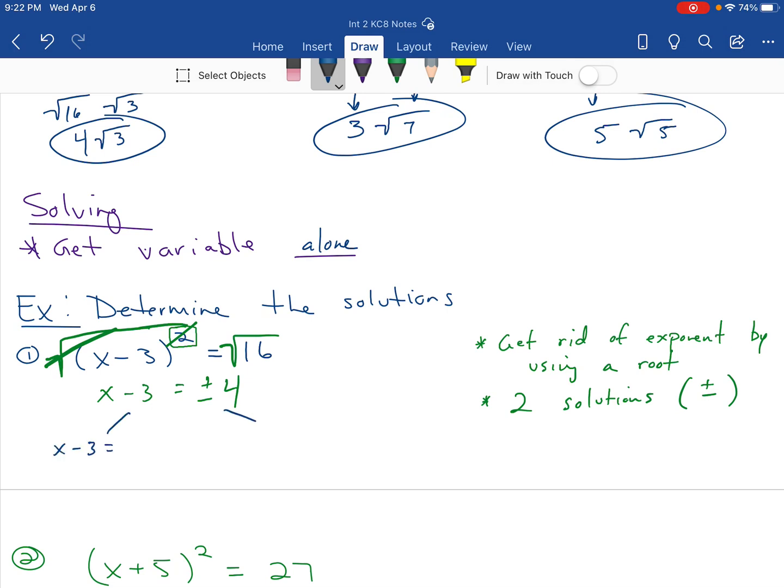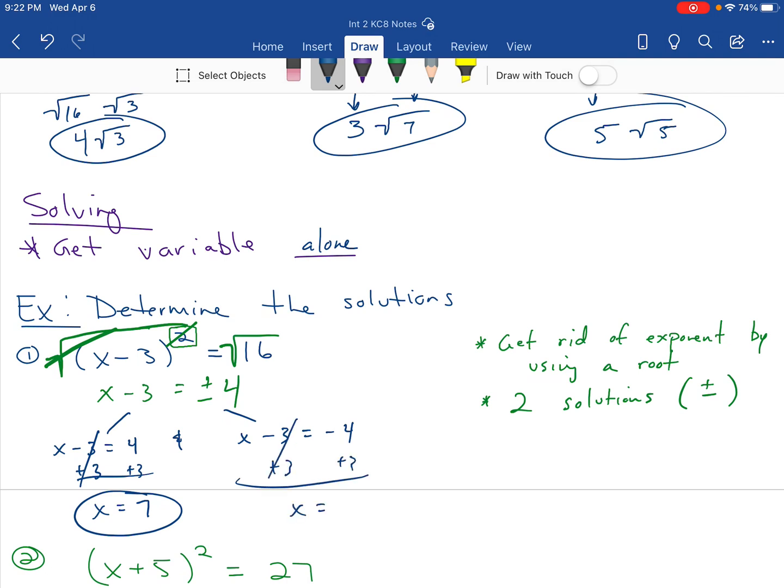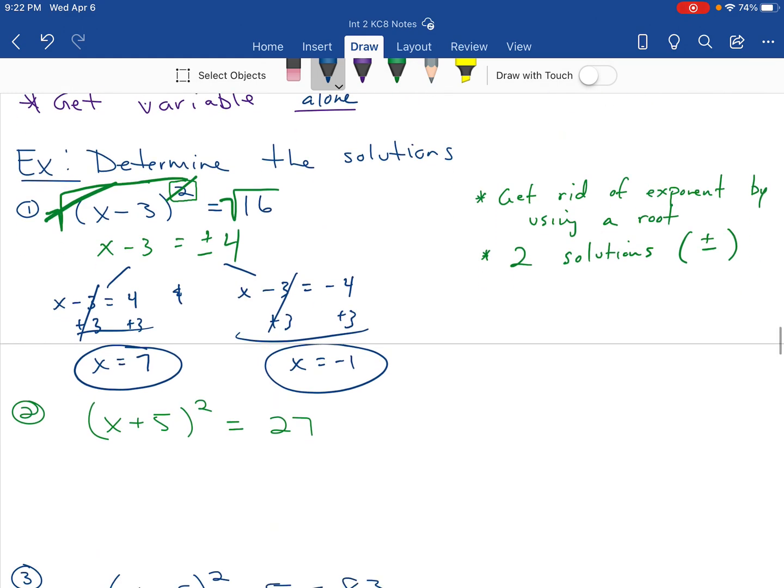You have x minus 3 equal to a positive 4, and x minus 3 is equal to a negative 4. Now you have to solve those individually, right? So I add 3 to both sides here, and I get x is equal to 7. That's one solution. I add 3 to both sides, and I get x is equal to negative 1. That's my other solution. So you do have two different things, so be careful.